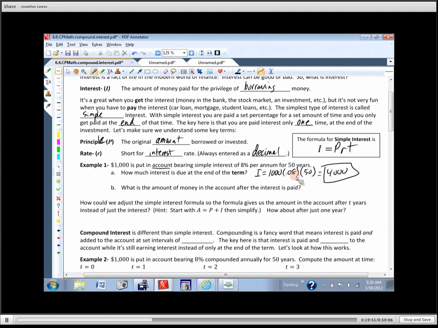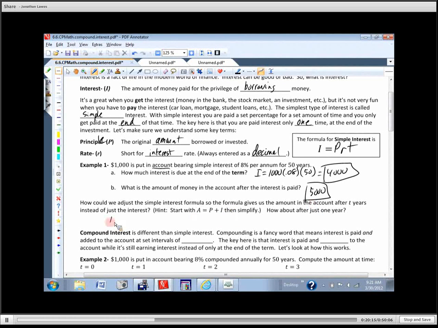Okay? So what is the amount of money in the account after the interest is paid? That's $5,000. Okay? Now, what would be really nice is if we just had a formula that said, tell me how much is in the account, because that's really what we're after, right? We don't want to know just the interest, we want to know how much is in the account. So let's start with this formula right here.